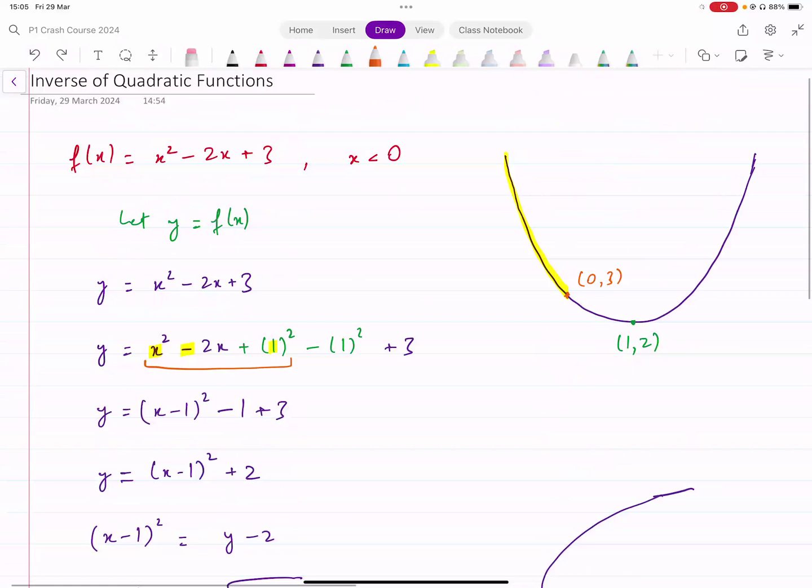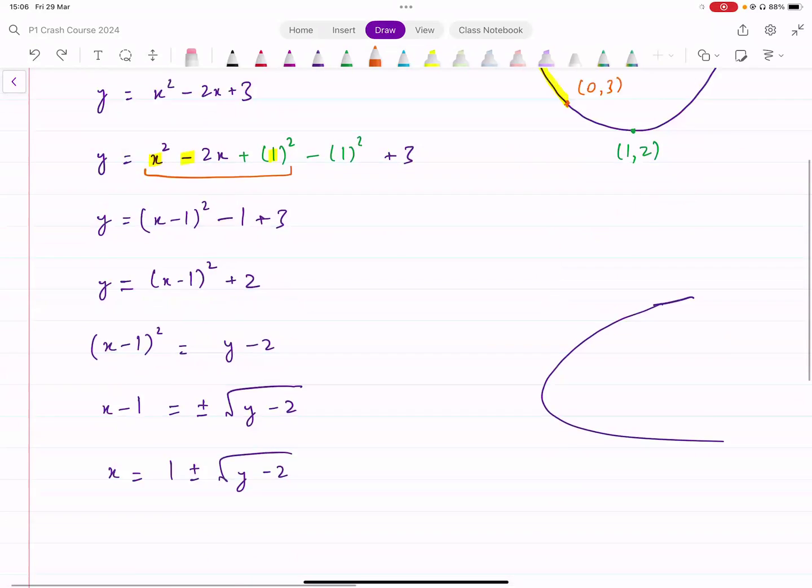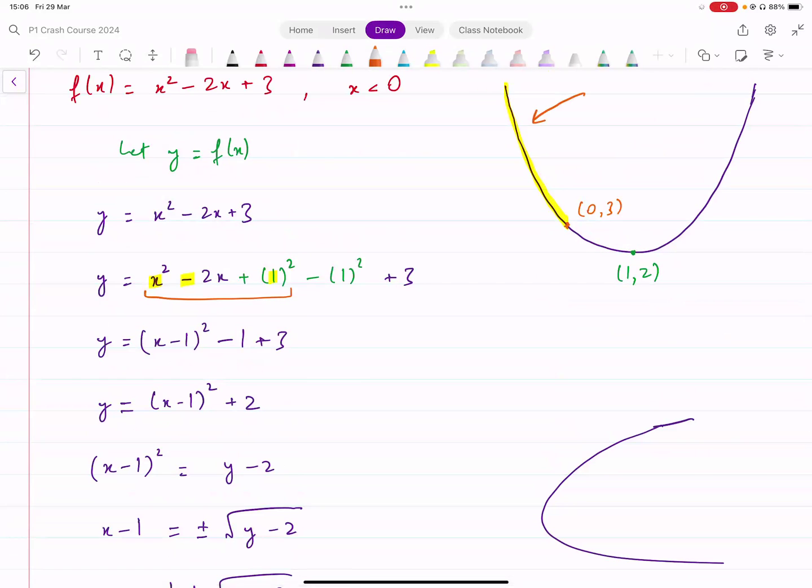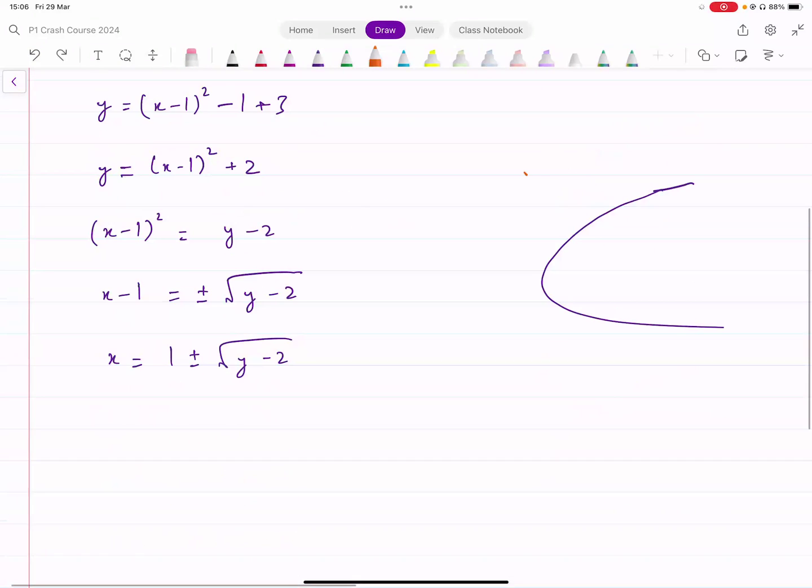Why? Because we're considering the whole thing for now. Many to one, it becomes one to many. So just like we have only some part of this original function valid, we are only going to have some part of this inverse valid, which means only one of these plus or minus signs is going to be considered valid in this case.